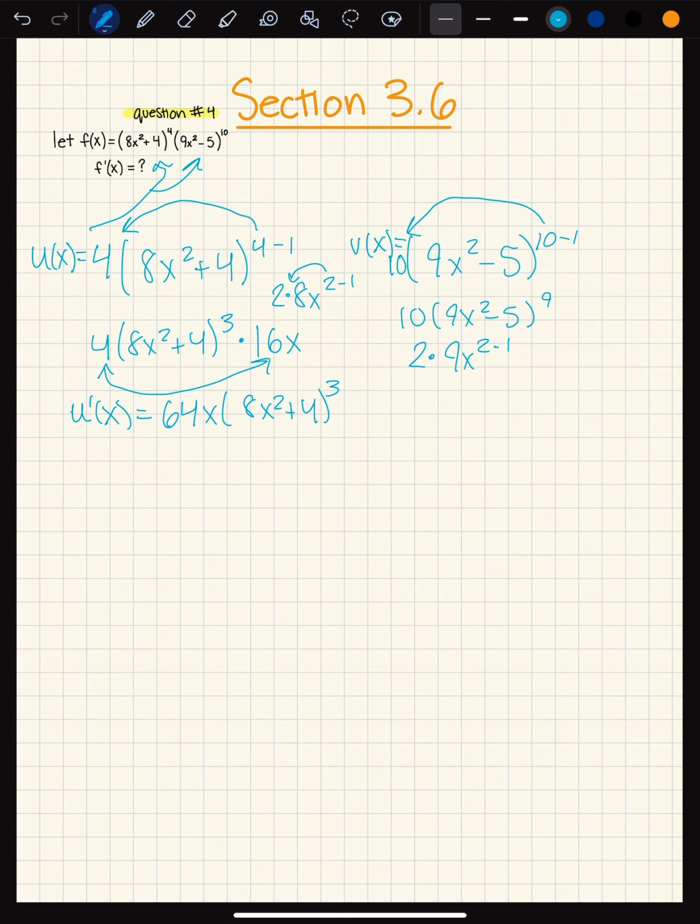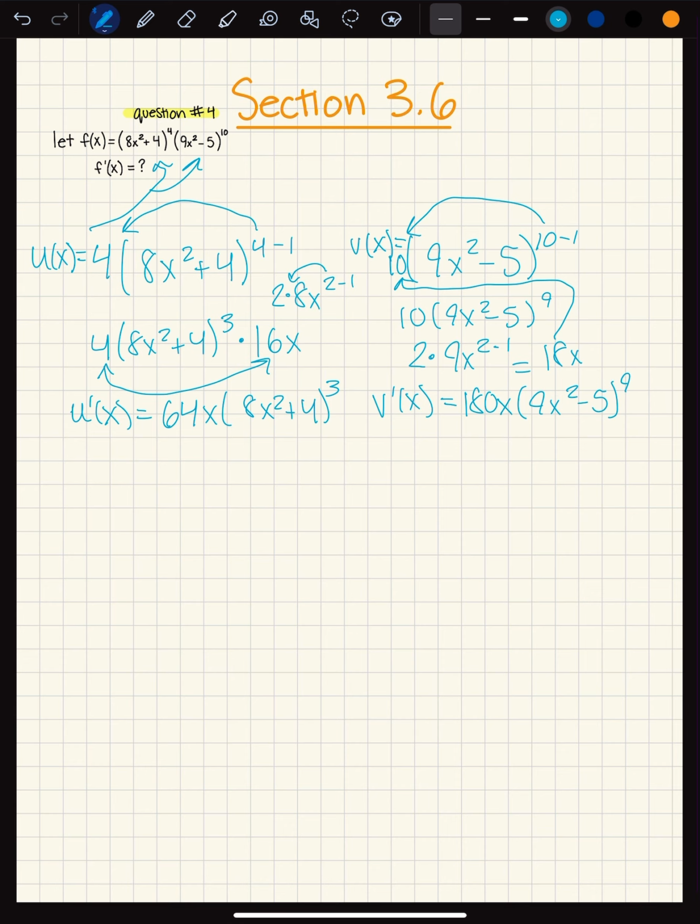So the derivative of the inside is 18x, and then we multiply 18x with the 10 here. So v prime of x equals 180x times (9x squared minus 5) to the 9th power.